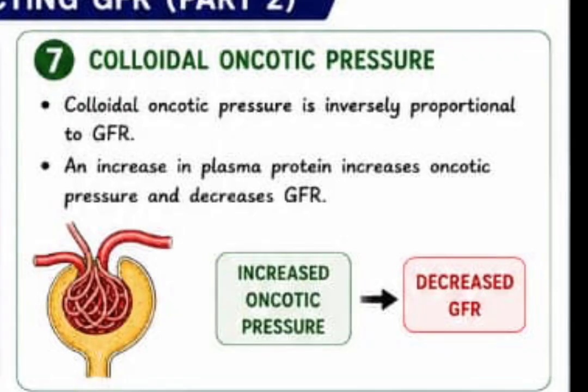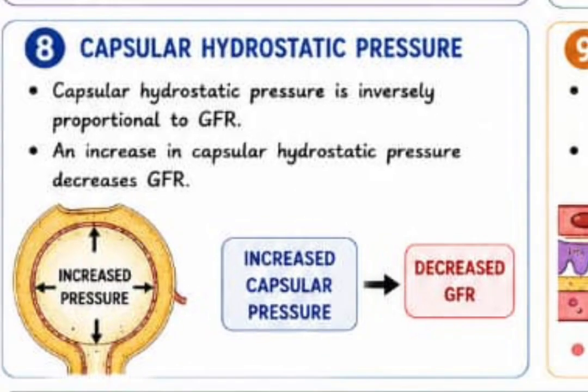GFR. Capsular hydrostatic pressure is inversely proportional to GFR. Why? Because it opposes capillary hydrostatic pressure, to inhibit the amount of substance that is entering. Take for instance, there is an increase in GFR. The capsular hydrostatic pressure will say, wait, reduce the amount that is entering. So it is a negative inhibitor for what? Capillary hydrostatic pressure.